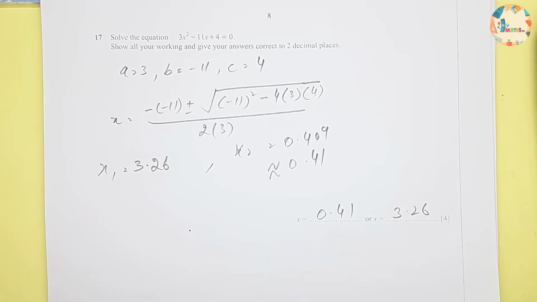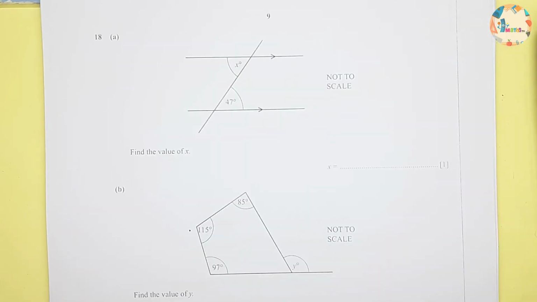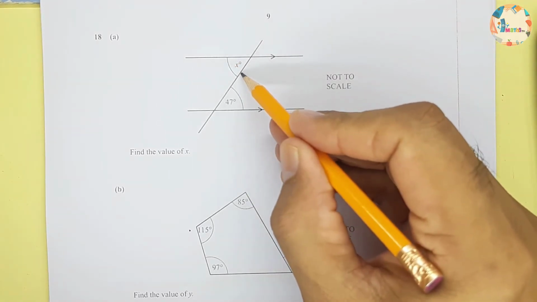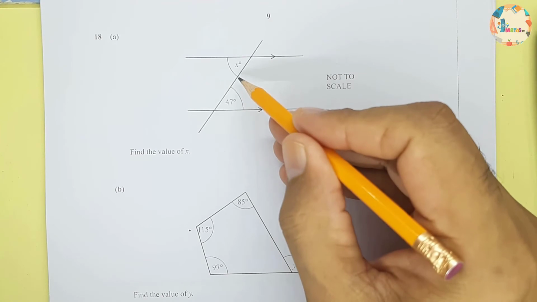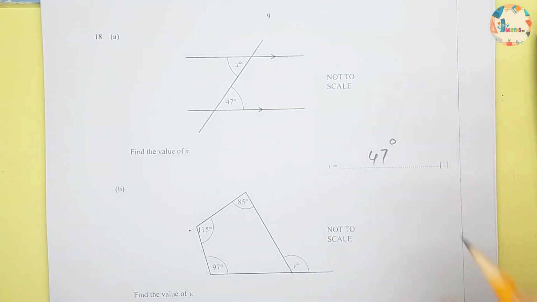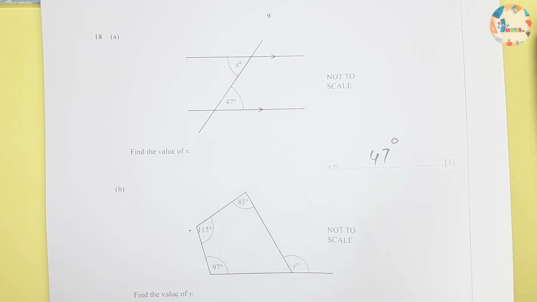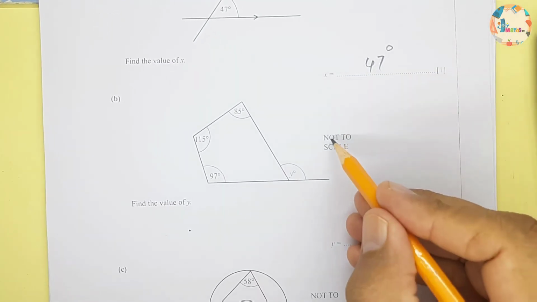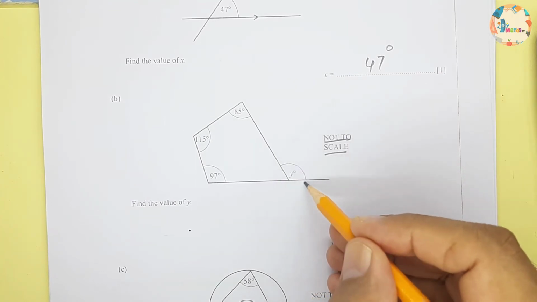This is done. Question number 18. Parallel lines are given. We have to find the angle x, so this angle will be equal to this angle, so x is 47 degrees. No working is required for this. Now B part, diagram is not to scale, we have to find this angle.